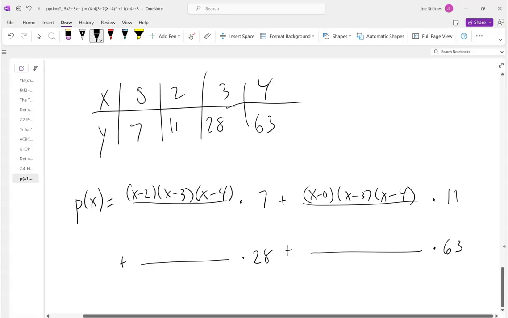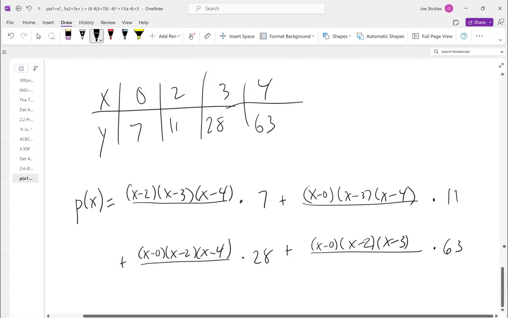The other ones are going to be good. It'd be x minus 4. Good. And the last one will be, yep. Good. Are we all okay with where I'm getting those factors from? Cool. Notice again, I'm just thinking about how do I make it 0, right?